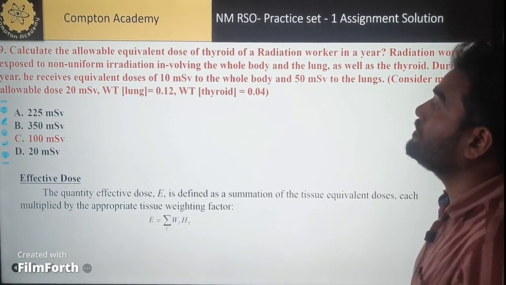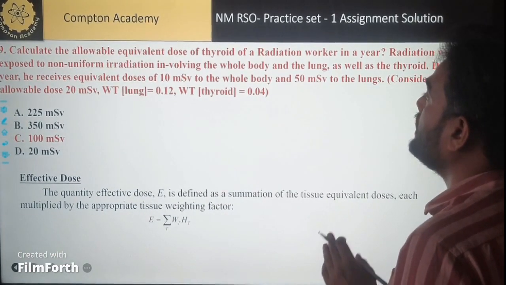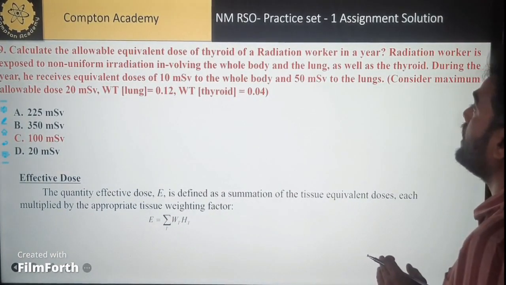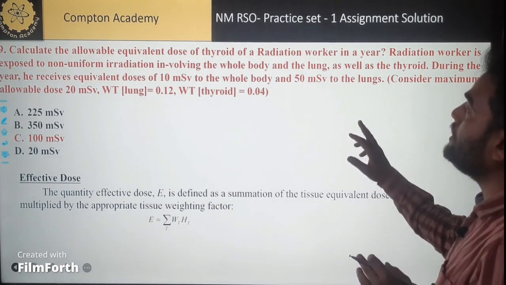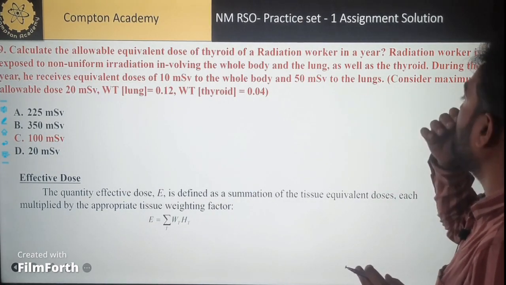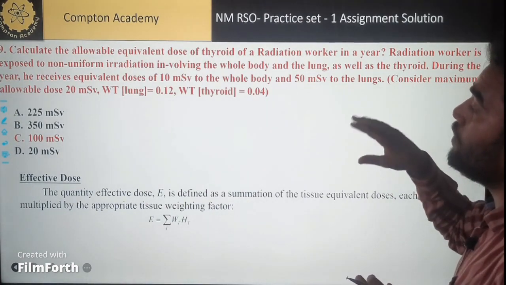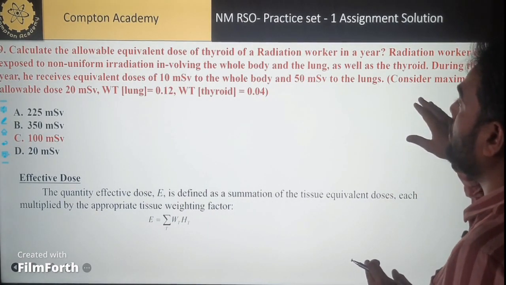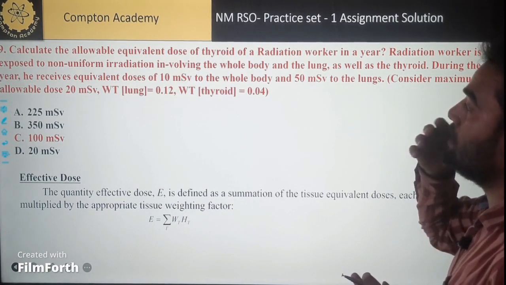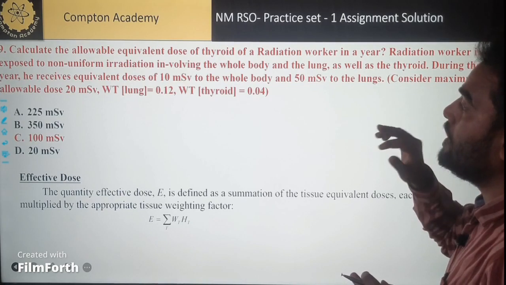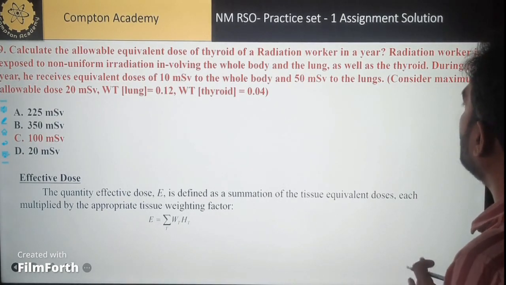Now the next question is number 9: calculate the allowable equivalent dose to the thyroid of a radiation worker in a year. Here for the thyroid we have to calculate the allowable dose limit. The radiation worker is exposed to non-uniform radiation involving the whole body, lung as well as the thyroid. During the year he has received an equivalent dose of 10 millisievert to the whole body and 50 millisievert to the lung.